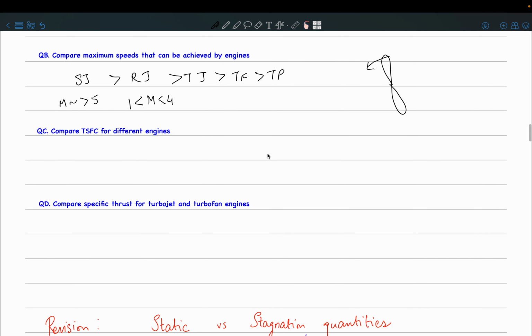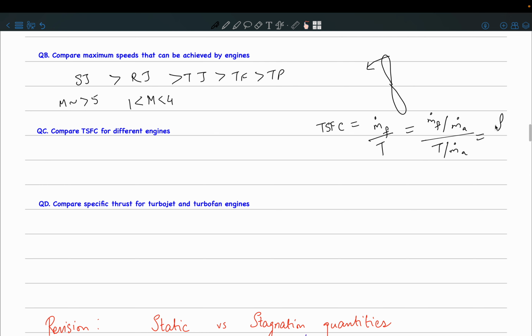Okay, so now compare the TSFC. What is TSFC? Thrust specific fuel consumption. What is the definition of TSFC? It is how much fuel you are consuming, that is m dot f, but specific to how much thrust you are producing. This can also be written as m dot f divided by m dot a, upon thrust divided by m dot a, right?